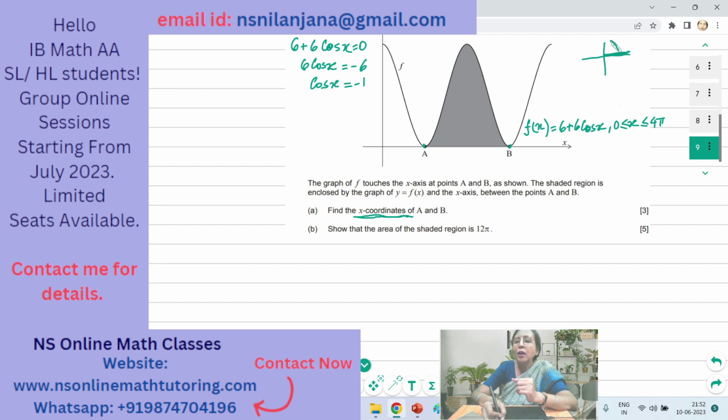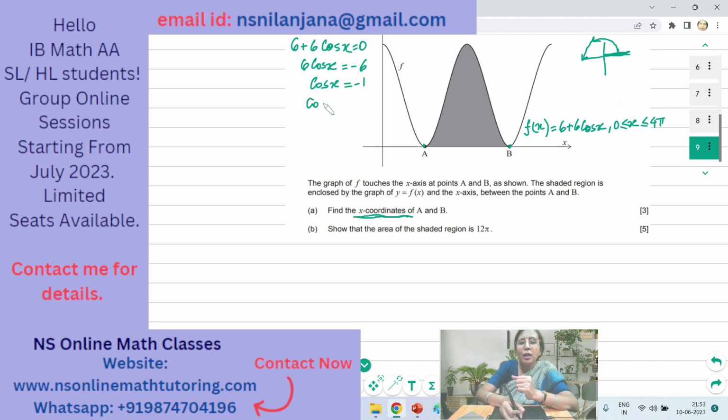Then the revolving ray starts to move in the anti-clockwise direction because the angles will be positive angles, and it comes to this point. The angle is a straight angle, or pi, and we know cos pi equals negative 1.